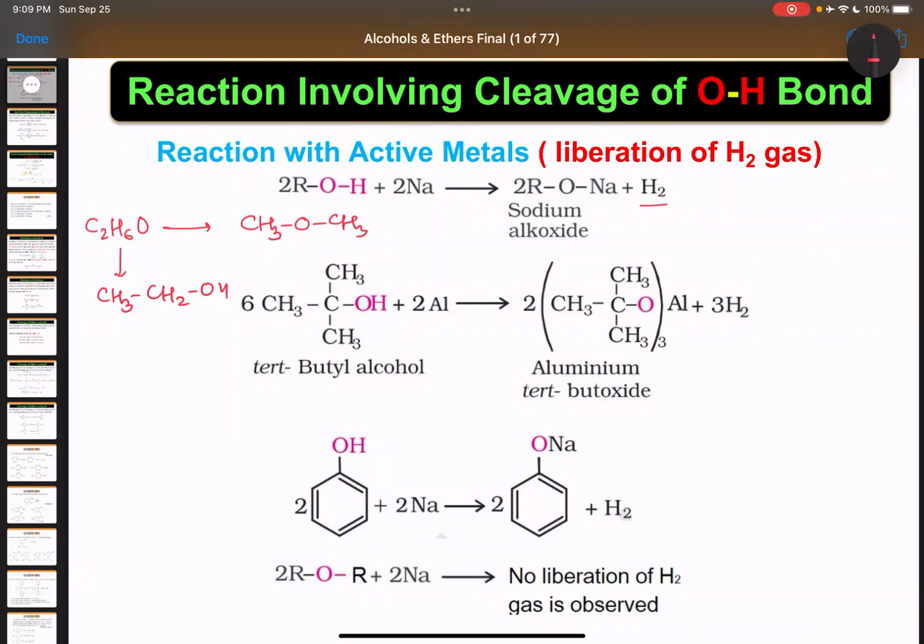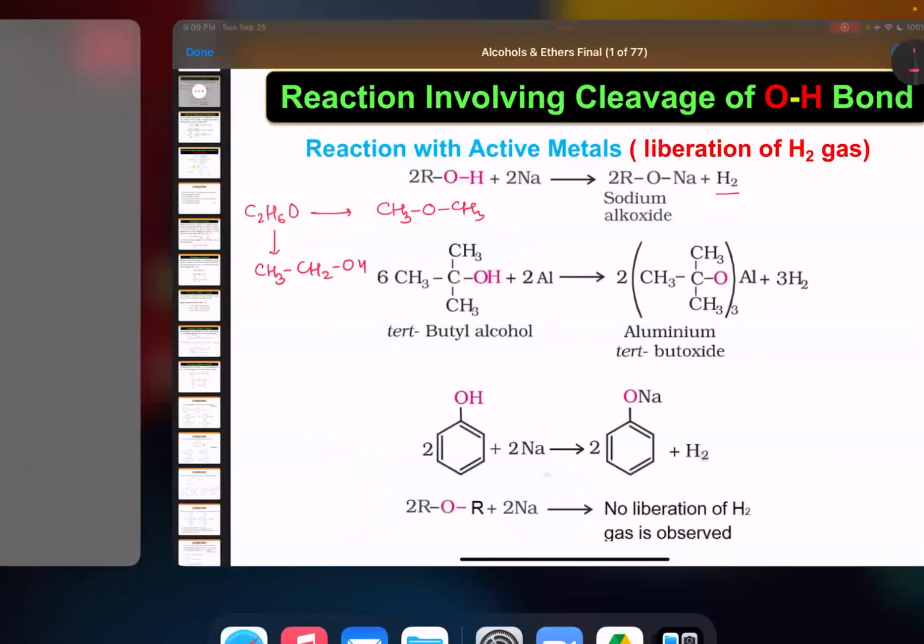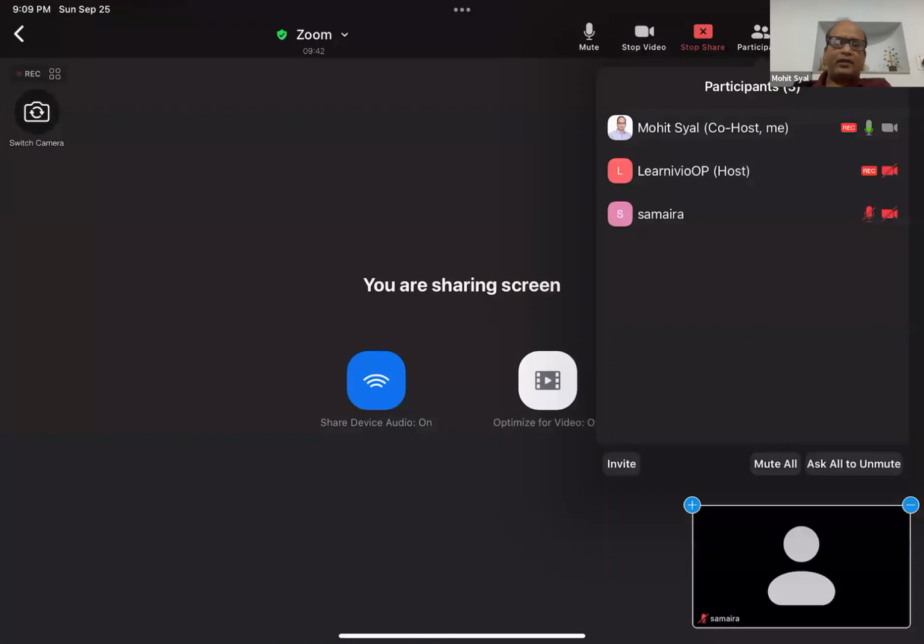Because if you have two alcohols, both are going to liberate H2 gas, right? And if both are going to liberate H2 gas, then how are you going to make out which alcohol is which? Both the alcohols are going to react. So it can be used to distinguish only alcohol and ethers, not between two alcohols.